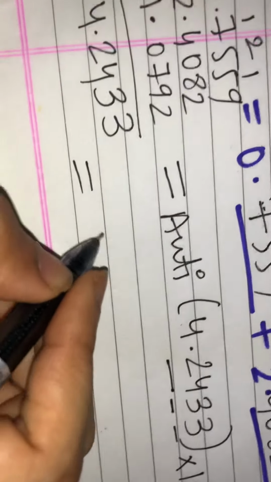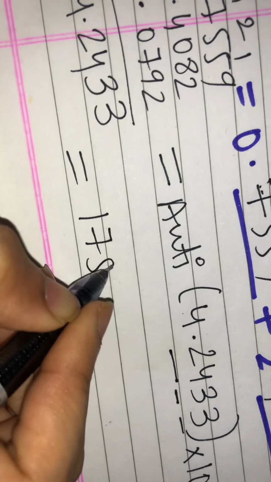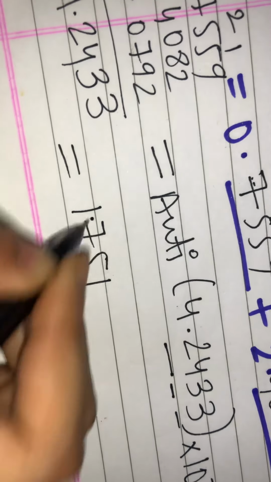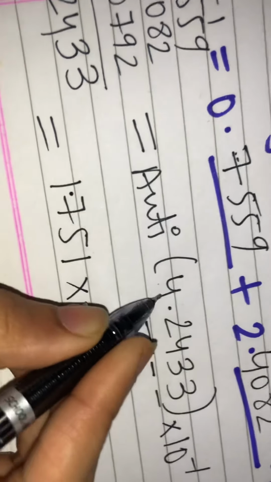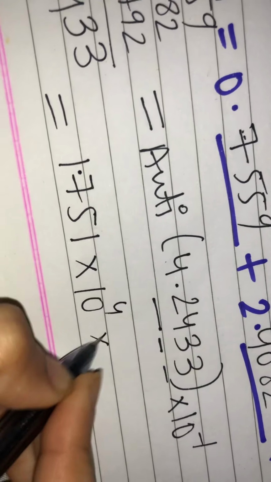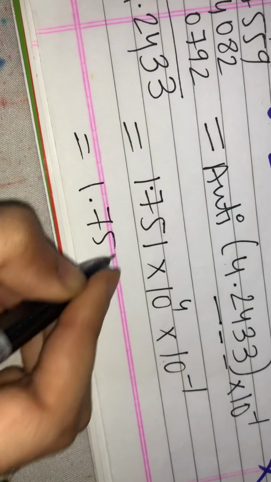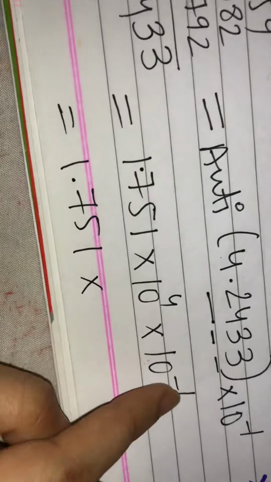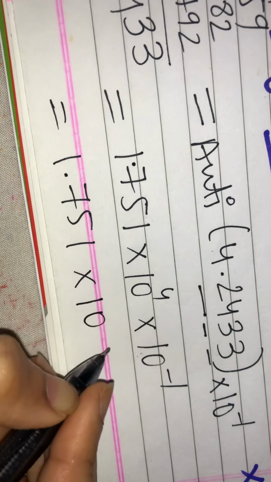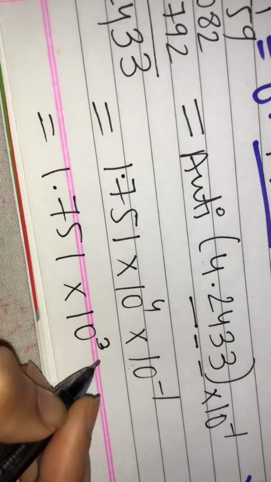So that will be 1751. After one digit we'll put the point, and into 10 raised to 4, into 10 raised to minus 1. So this will become 1.751 into 10 raised to 4 minus 1, that is 10 raised to 3.